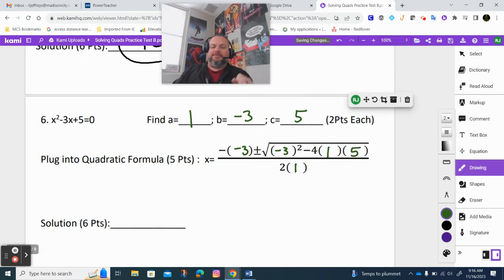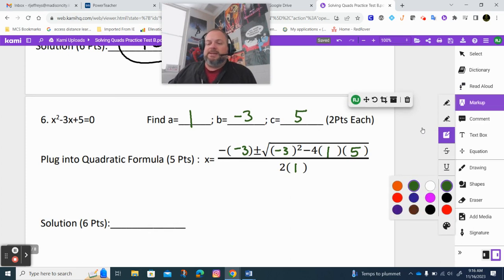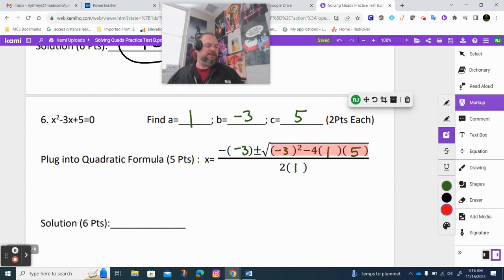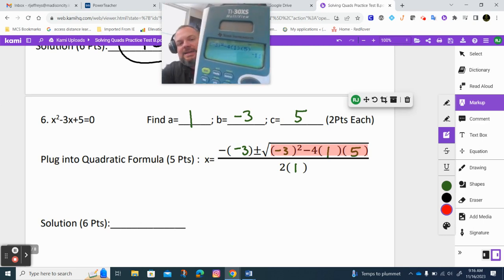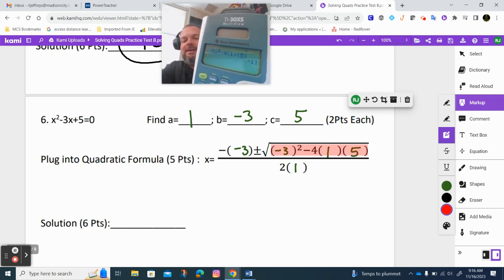All right, so again, starting here, I forgot to do the square root this time. I don't know what I was thinking. All right, I get a negative 11.